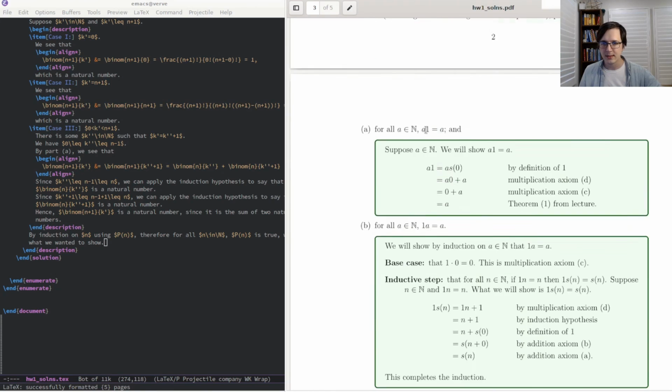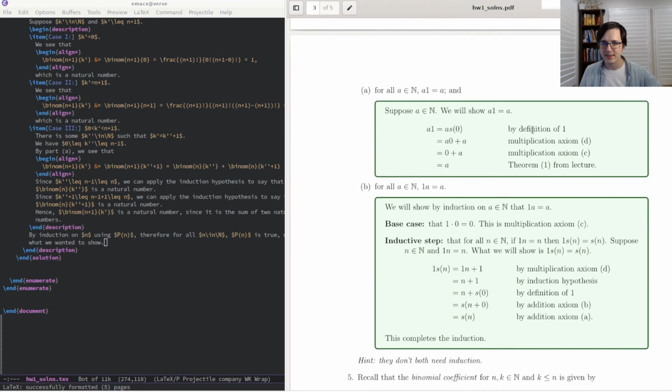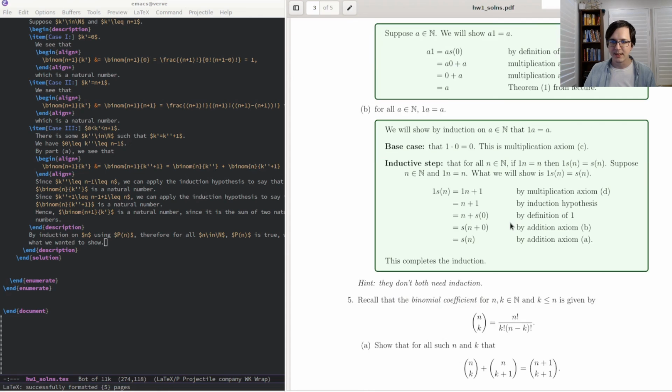Nice. So, okay, then there's problem 4, which was showing this very basic property of multiplication, and it was some sequence of definitions and axioms and theorems from the lecture. And we did the same.